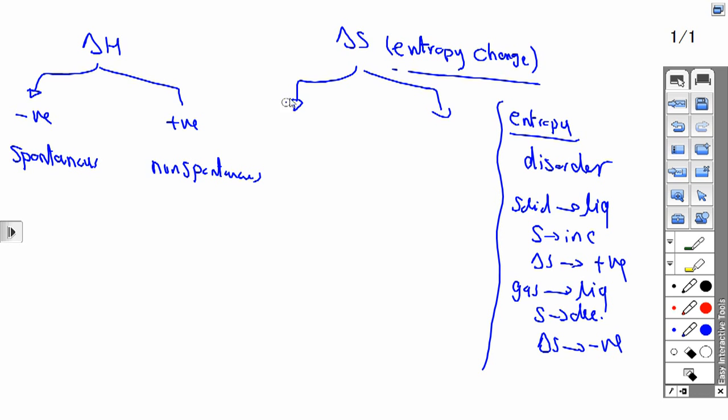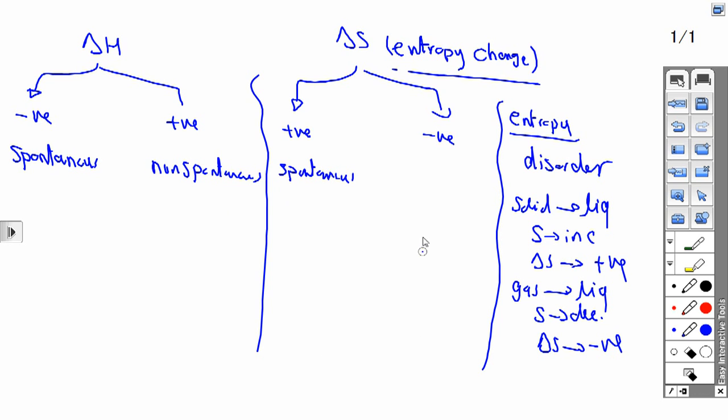So if delta S is positive, will this happen spontaneously or non-spontaneously? This will happen spontaneously because the natural processes tend to increase entropy. So if delta S for a certain reaction is positive, the reaction is spontaneous.